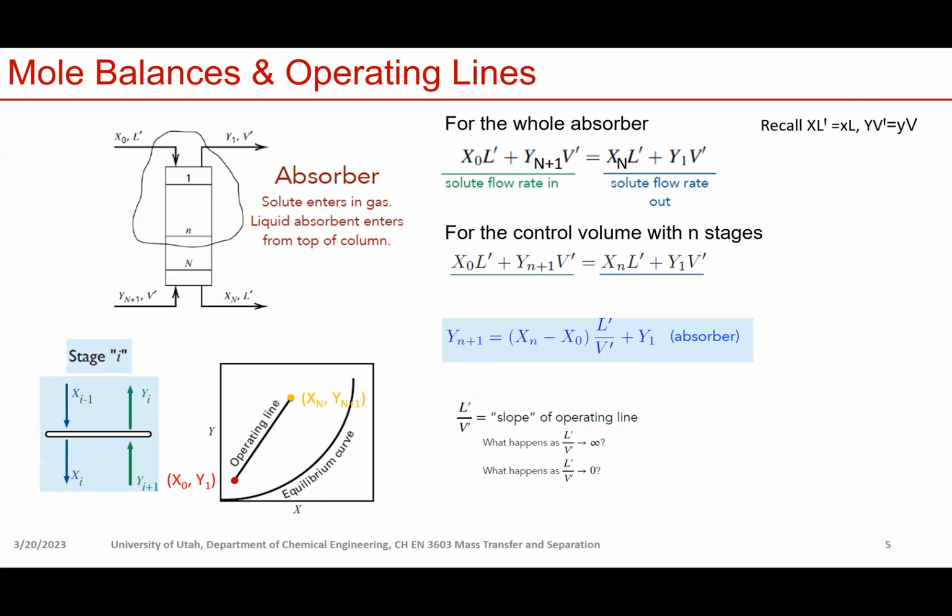If for a tower we specify the feed composition x0, yN+1, and if we specify the product composition y1 and xN, right? Then basically this gives us 1 point on the operating line. That's your top line here, right?